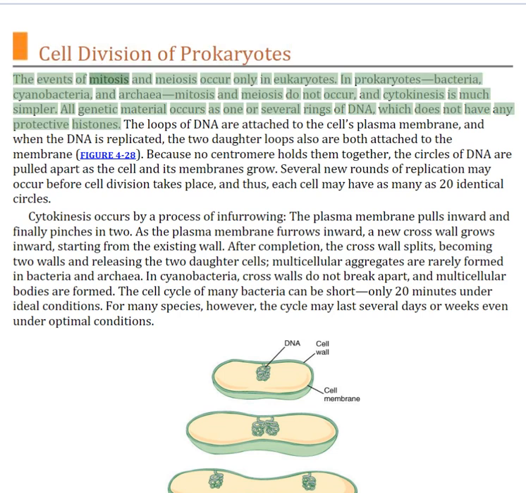The events of mitosis and meiosis occur only in eukaryotes. In prokaryotes, bacteria, cyanobacteria, and archaea, mitosis and meiosis do not occur, and cytokinesis is much simpler. All genetic material occurs as one or several rings of DNA, which does not have any protective histones.